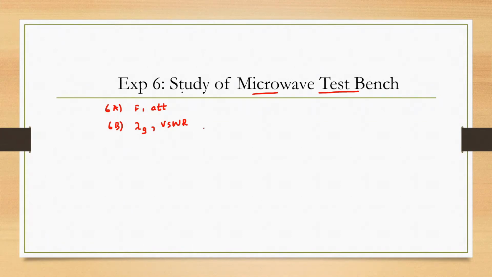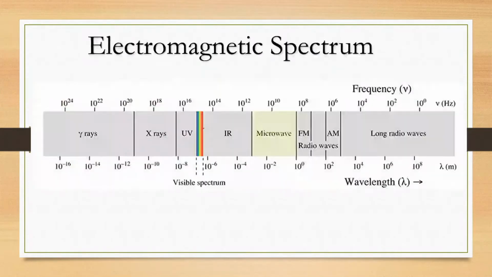Now coming to microwave signals. Microwaves are defined with the help of the electromagnetic spectrum. So we need to know what the electromagnetic spectrum is. It is the range of frequencies or wavelengths which exist in nature. The different kinds of signals we have have been divided into different frequencies, and thereby different wavelengths.